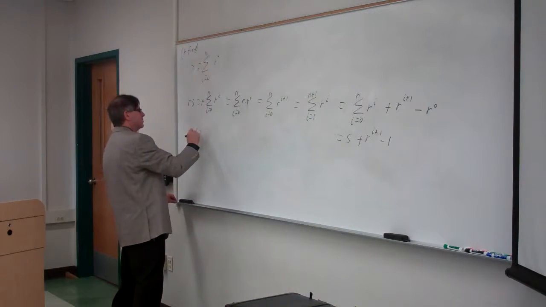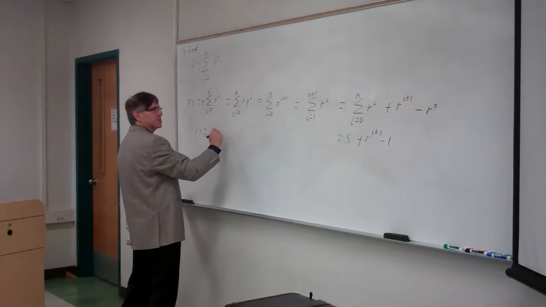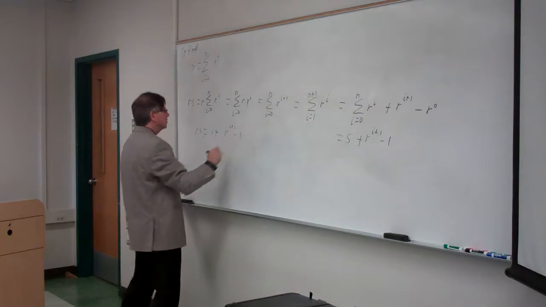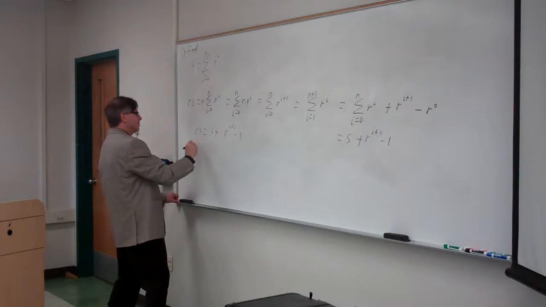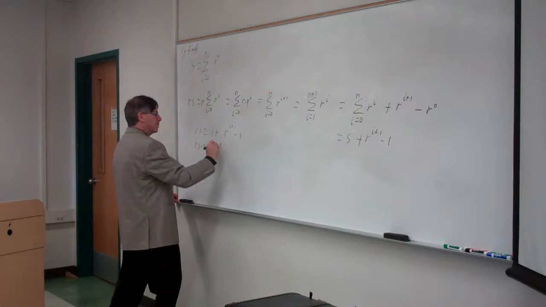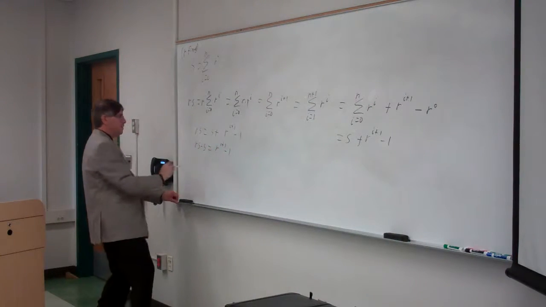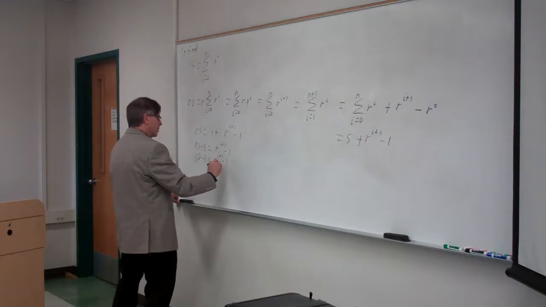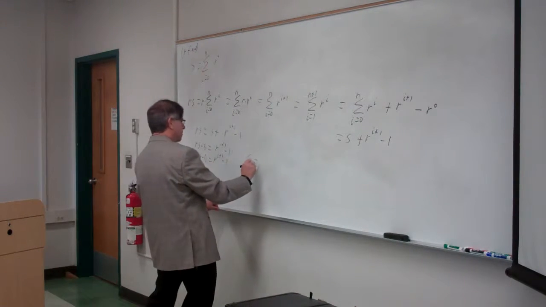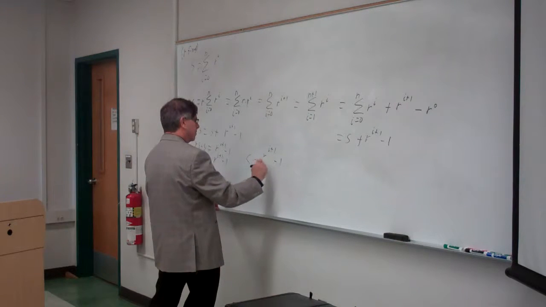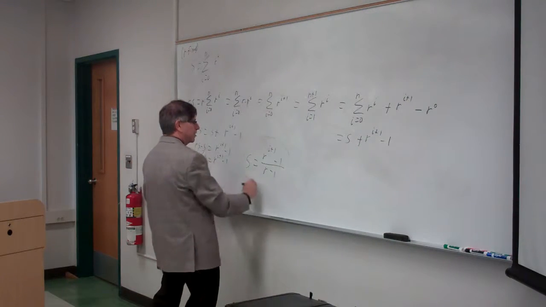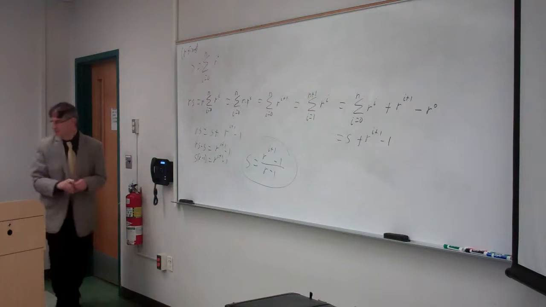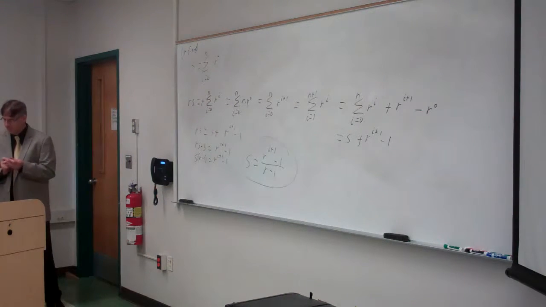So we have r times s equals s plus r to the n plus 1 minus 1. We can subtract s. And we can factor out an s. And we can divide, and we get a nice formula with no summation involved.